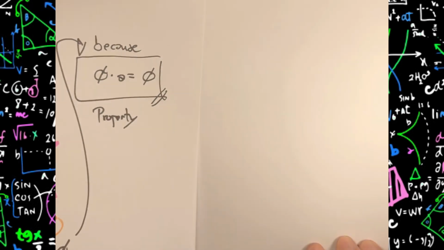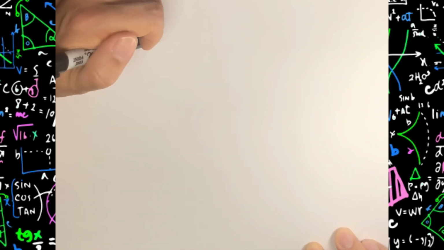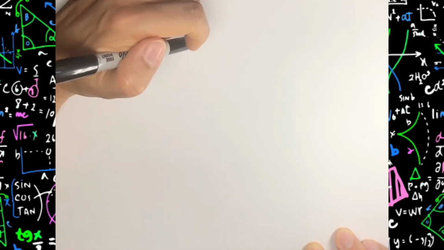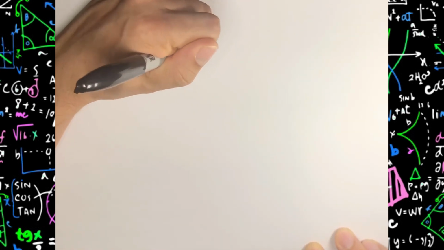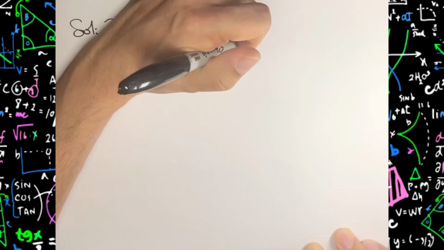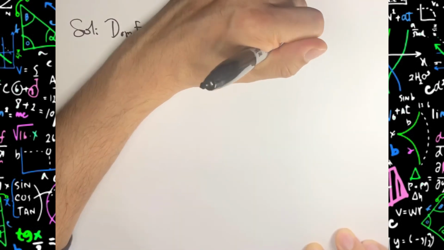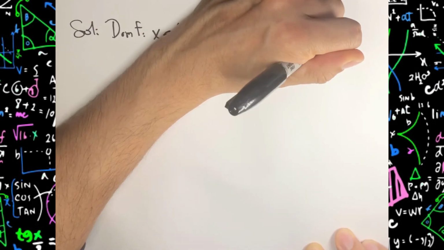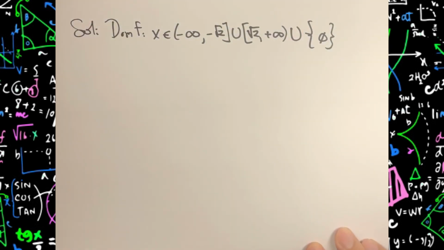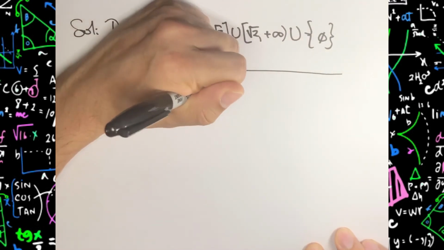So, having that said, our real solution for the problem, the domain of f, is all the x's that belong to the intervals of existence of the square root, which are minus infinity to minus square root of 2, union with square root of 2 to positive infinity, union with the number 0. And this, my friends, is our true, real solution.